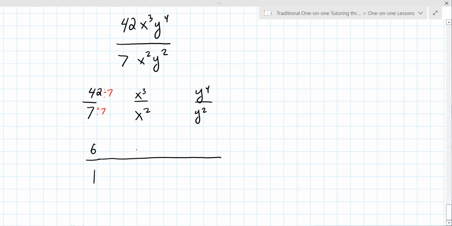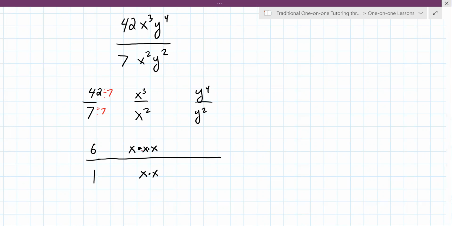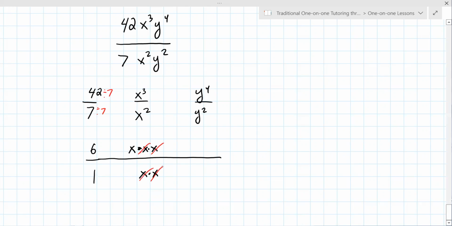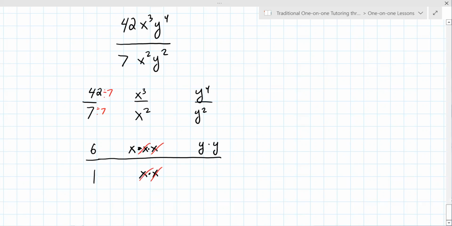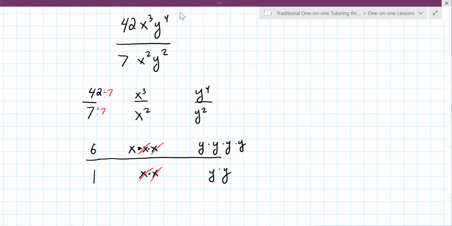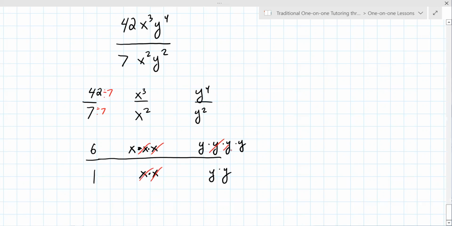And then the x cubed, you can think of it as x times x times x. Good. And then the bottom is similar, x times x. So then you can get rid of 2 at that point. That's right. And then just 1x. And then the y to the 4th over y squared, and just get rid of the 2 y's. Yep, 2 y's.